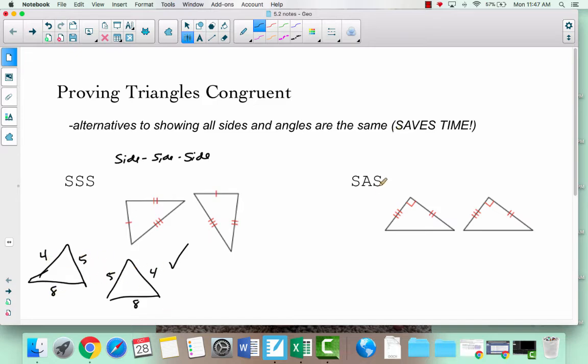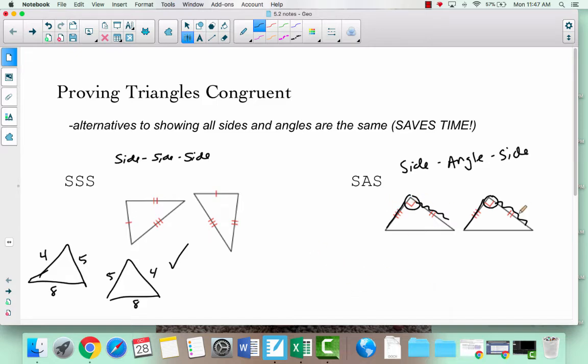The next one is side angle side, and this one is when you have two sides that are congruent, but then in between those two sides is a matching angle. So in this case we have this left side here matches, then we have this side here matches with the marks, and then in between those two sides are the matching angles.